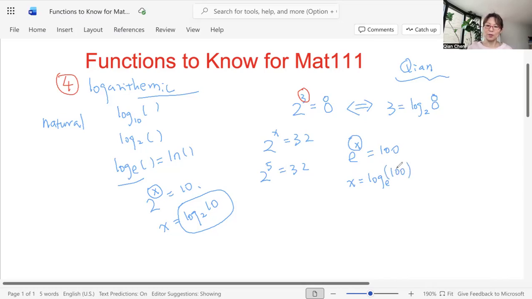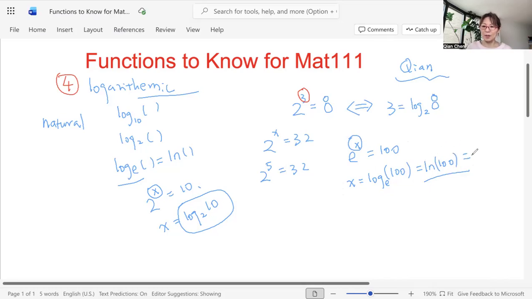If you want, you can put a parenthesis around the value of 100. e is the base. And because it's log base e, we use ln. So we just read it as ln 100. All right, so e raised by x equals 100, which means x equals ln of 100.